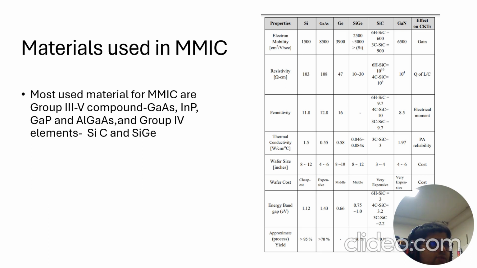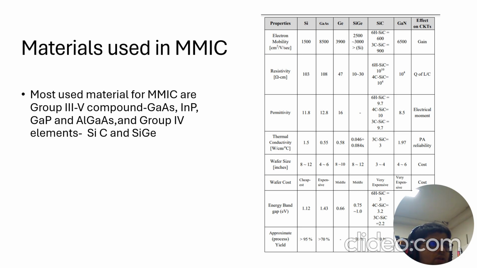We can see the electron mobility for the silicon case is lower, like 1,500, but it is higher for gallium arsenide and germanium.